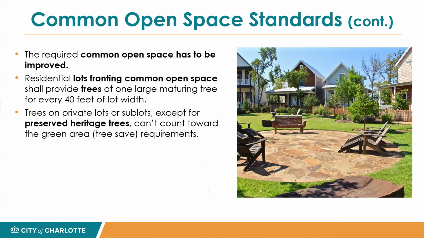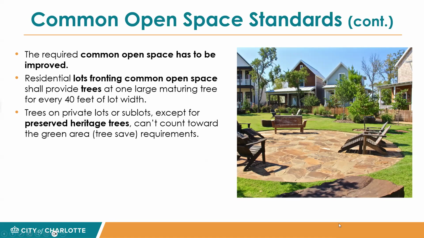Again, it has to be improved. It also has to have street trees if lots are fronting on it. So instead of having trees in the back on a private alley, you have to have trees in that common open space at the same rate we would require on a public street, which is 1 every 40.